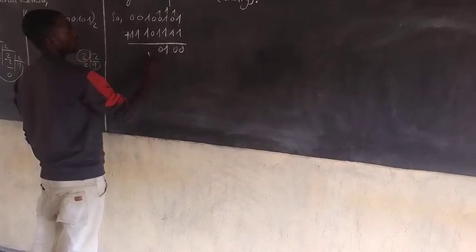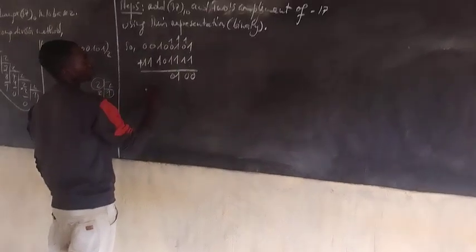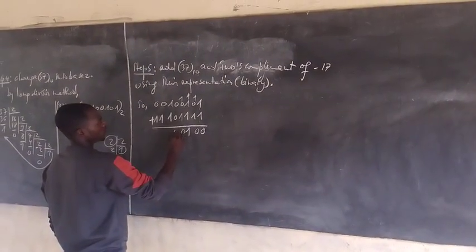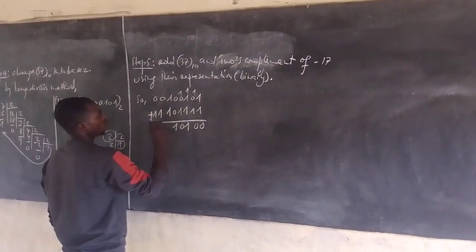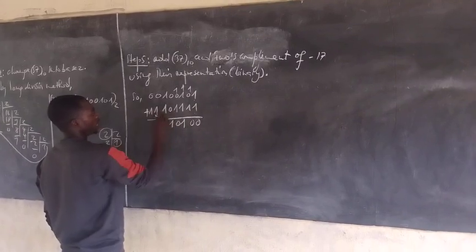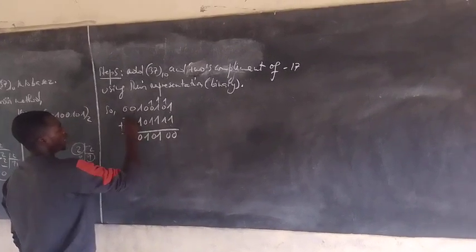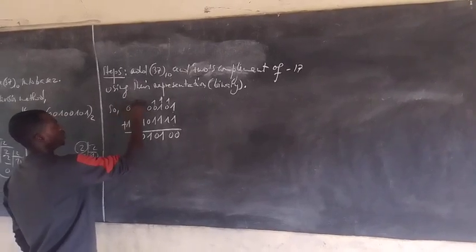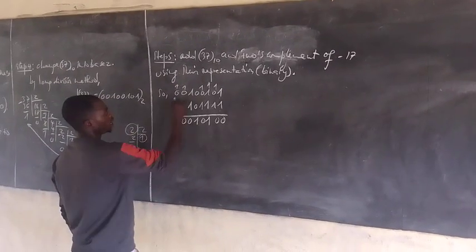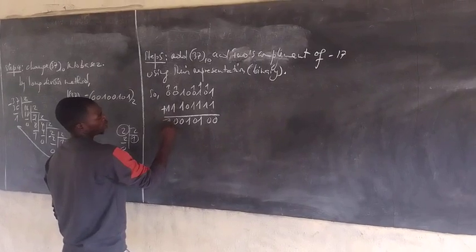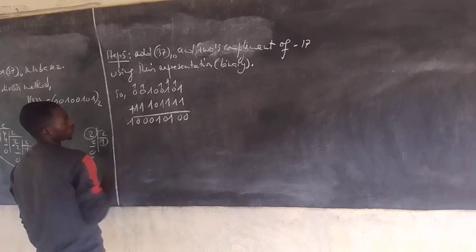Then here it is 0, then 1, then 0, and we carry 1 here, until we finish.